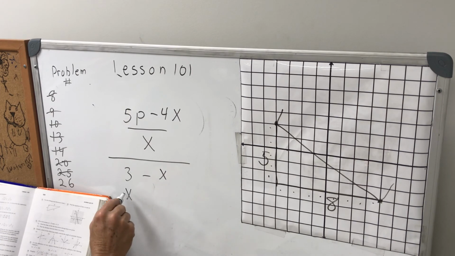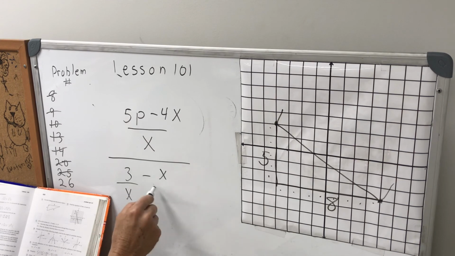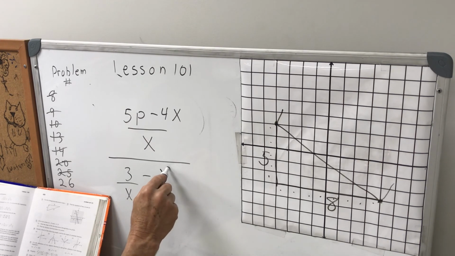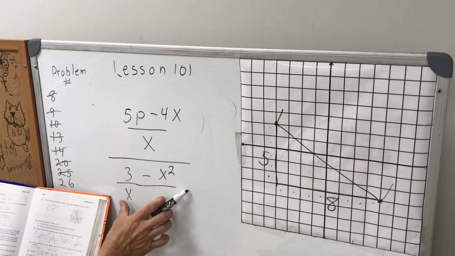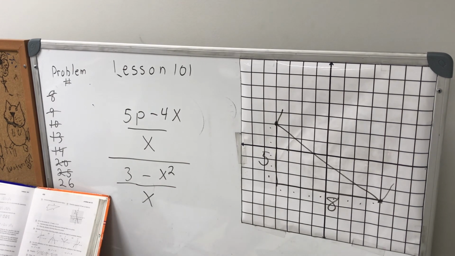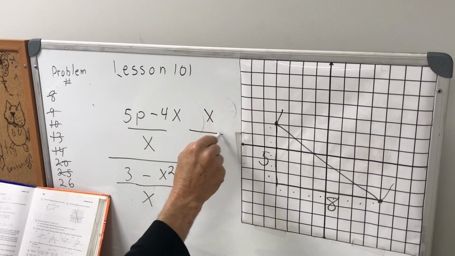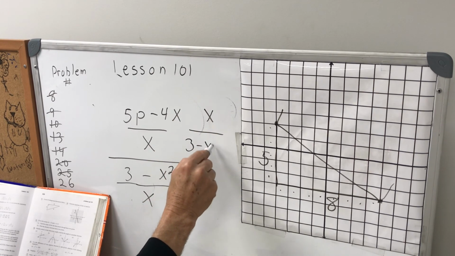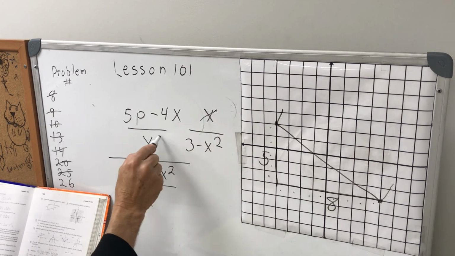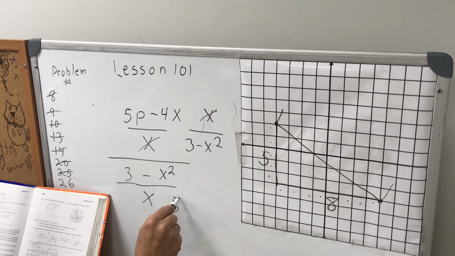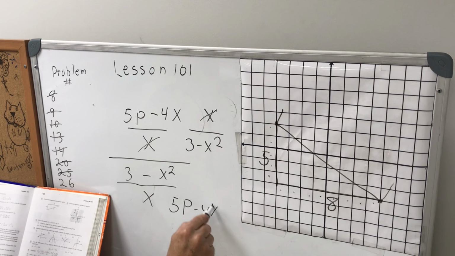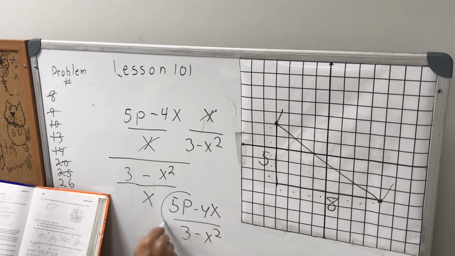The x down on the bottom only, nothing here. So we're adding this to the denominator over here. That becomes a x squared. Move the x over to the middle. Okay, we invert this denominator, x, and we have a 3 negative x squared. Cross cancel. The final answer is 5p negative 4x over 3 negative x squared. There is your final answer.